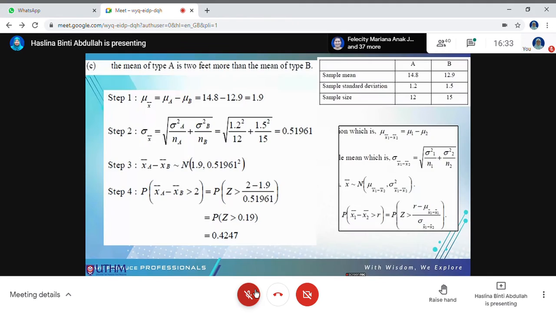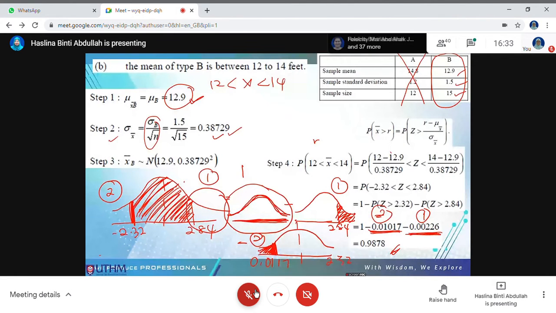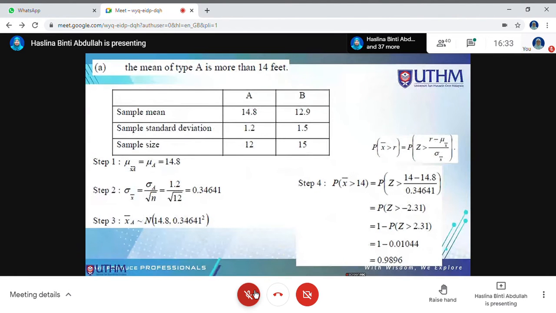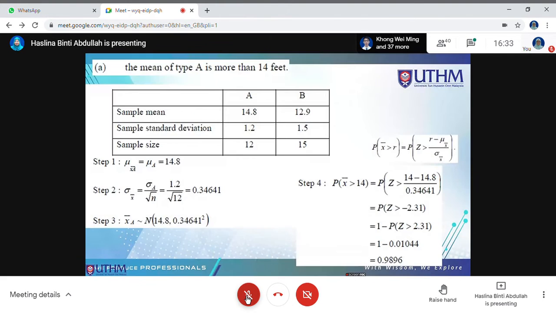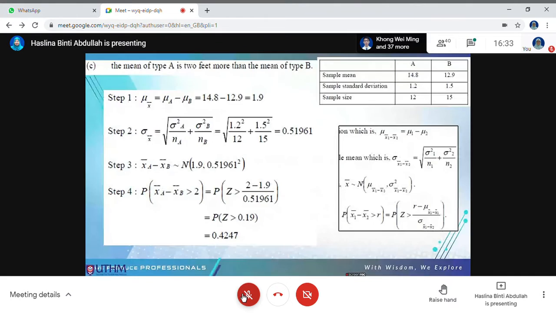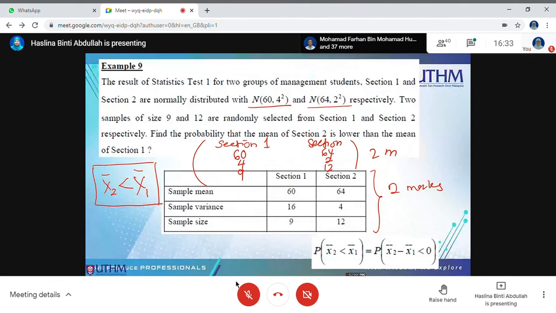If you refer to the previous example, the equation is X bar for A minus X bar for B is more than 2. So, the value of R is equal to right. Correct? But for this example, you state this is the equation.